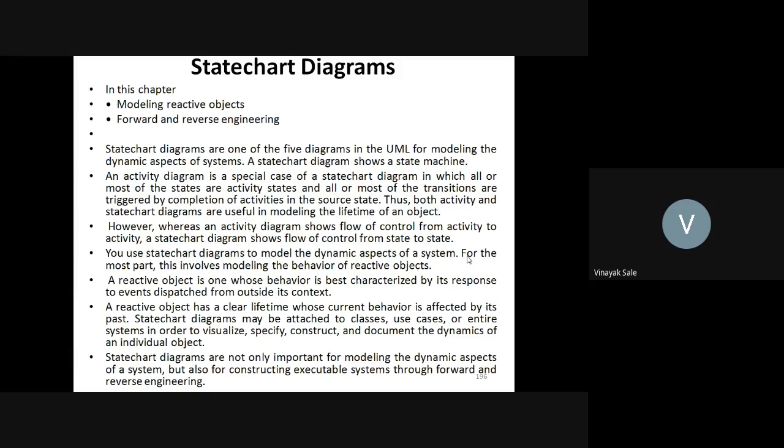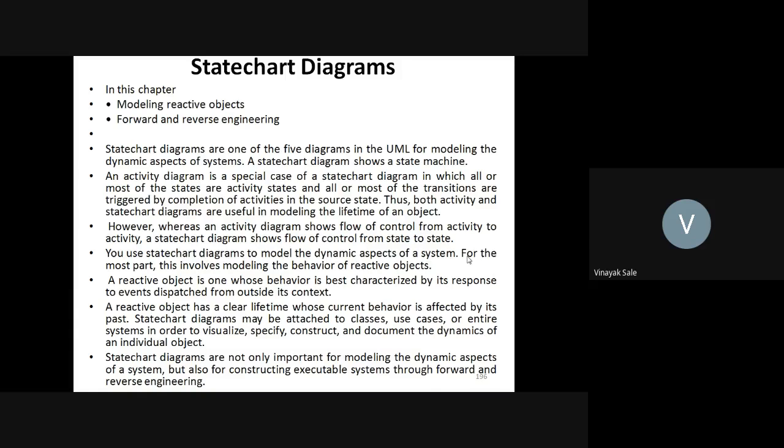An activity diagram is a special case of a state chart diagram in which all or most of the states are activity states and all or most of the transitions are triggered by completion of activities in the source states.